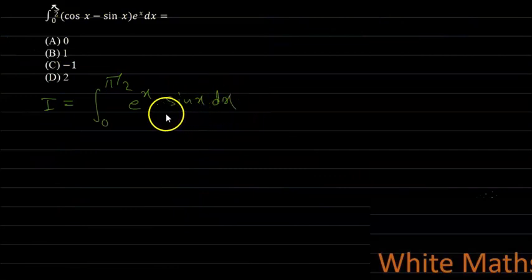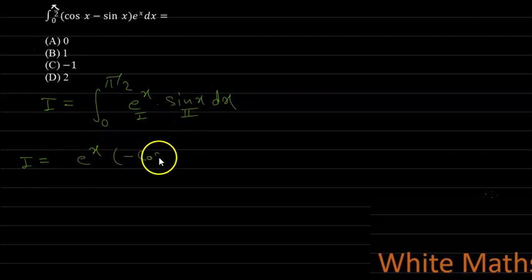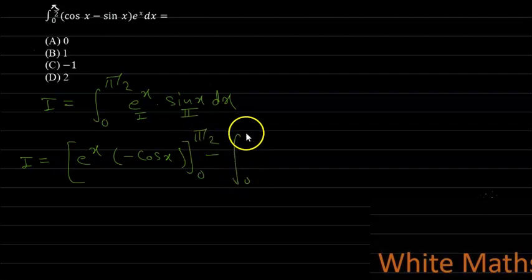On integrating this, again use product rule, that is consider this is first function and this is second function. Then I is equal to first function as it is, integral of second function, that is integral of sin x is minus cos x, and limit is 0 to pi by 2, minus 0 to pi by 2 derivative of first function, that is e to the power x is itself e to the power x, and integral of sin x is minus cos x dx.